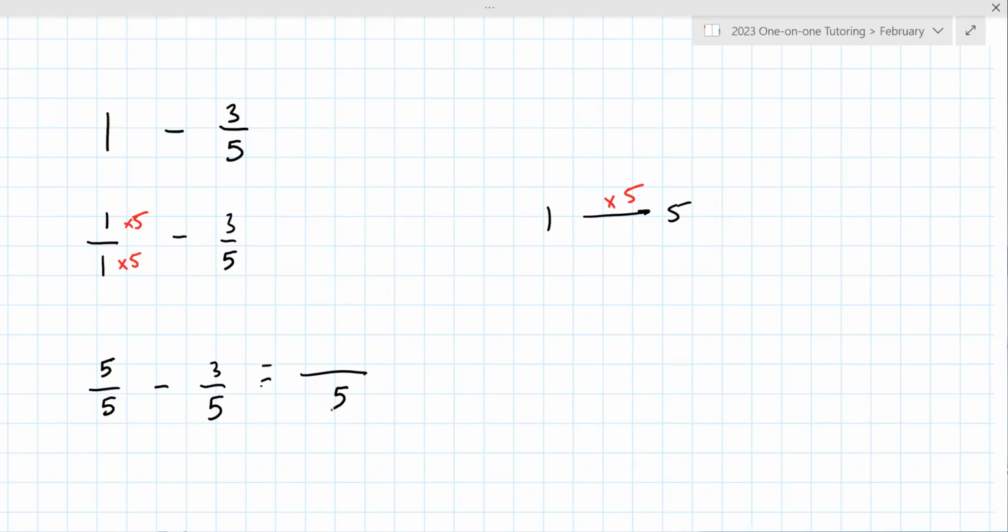And then the top you're going to subtract. 2. Yes. Very good.